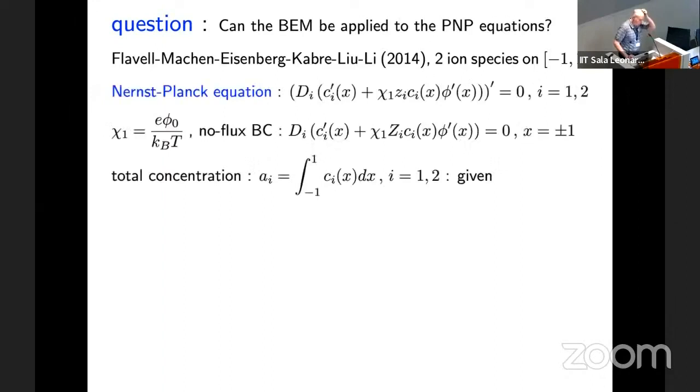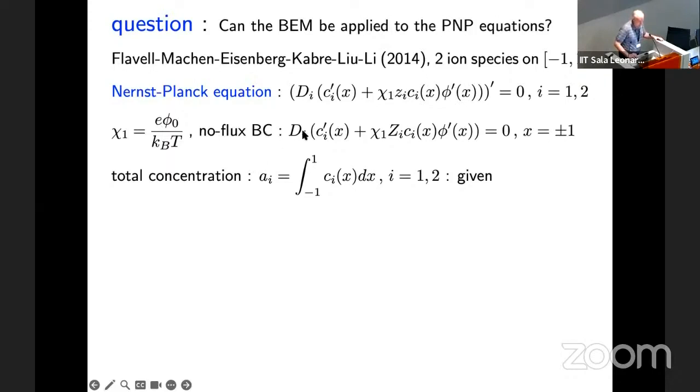The Nernst-Planck equation is written over here. Ci is the concentration of the ith species, and phi is the electric potential. This is a drift diffusion equation. This is a diffusion coefficient, and this is the electric field that causes the particles to drift.